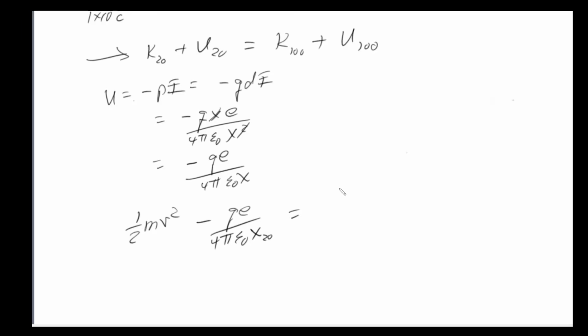The electron started at rest, so the velocity is 0, so that's 0, minus QE over 4 pi epsilon 0 times x, which is at 100 centimeters.